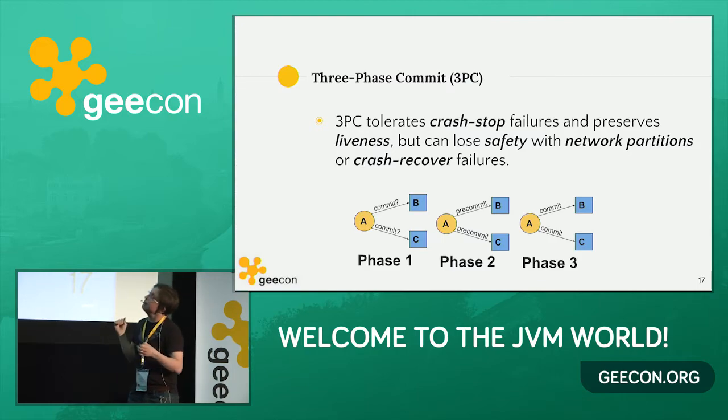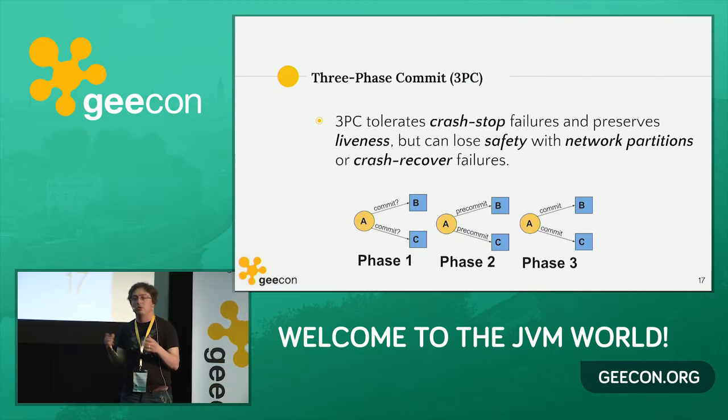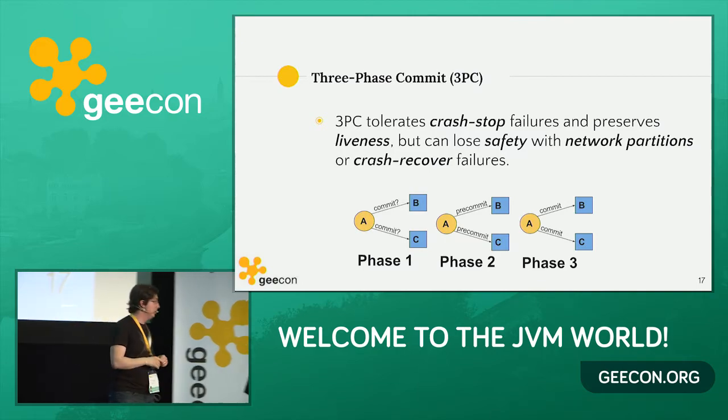In that way, it solves the blocking problem of two-phase commit. So this is a non-blocking protocol, and its liveness property is okay. But the thing is, it can lose its safety property if there are failures in the system other than crash stop. So it cannot tolerate other types of failures we discussed.